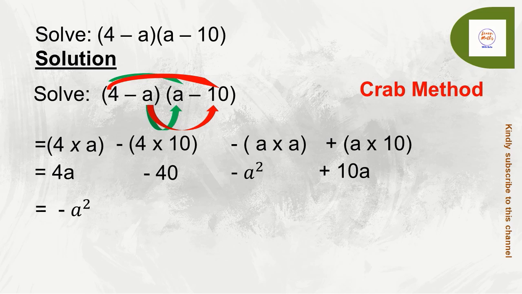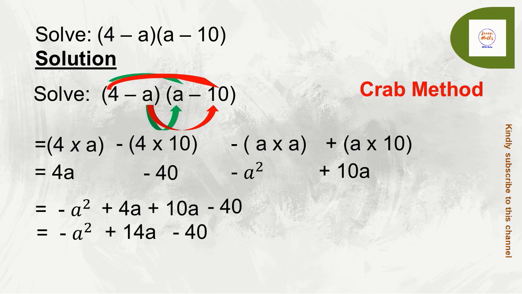So we would have minus a square plus 4a plus 10a minus 40. So let's add the like terms together, plus 4a plus 10a, and that will give us plus 14a minus 40. As simple as that.